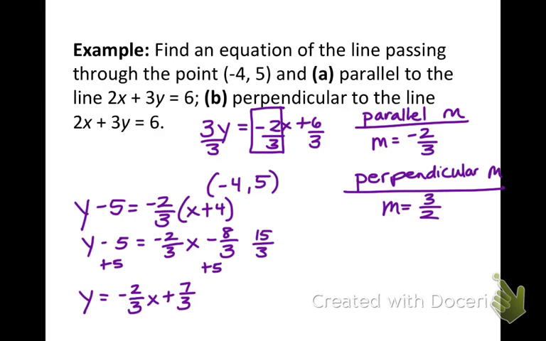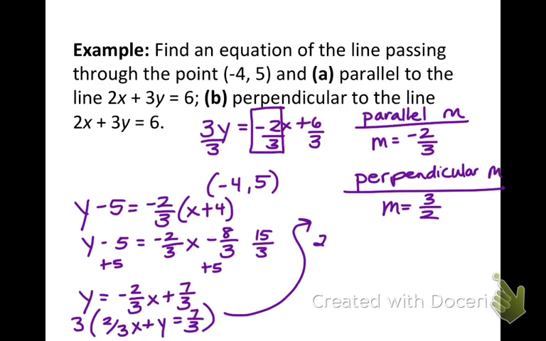Take it to standard form, move your -2/3 x over. So 2/3 x plus y equals 7/3. I'm breaking the fraction rule, so multiply everything by 3. So my answer would be 2x plus 3y equals 7 for the parallel line.